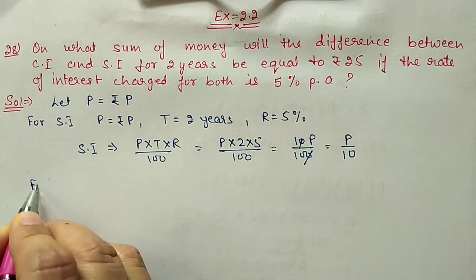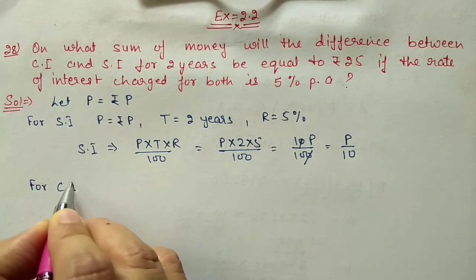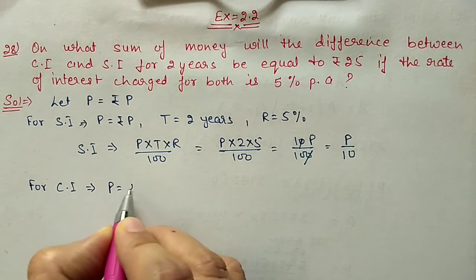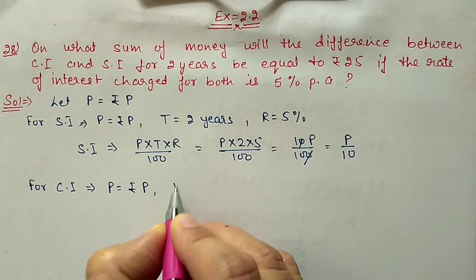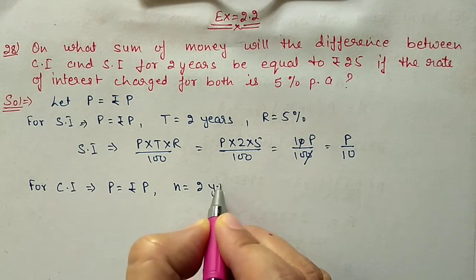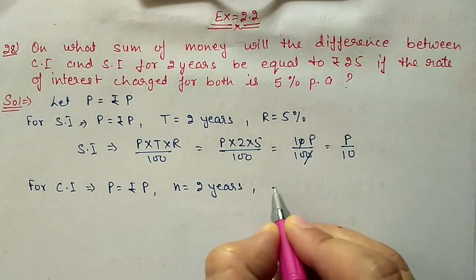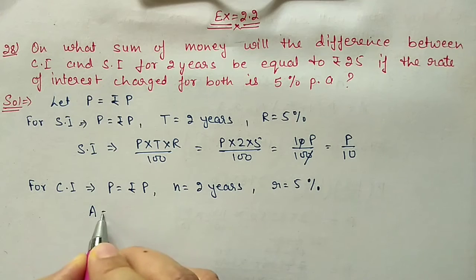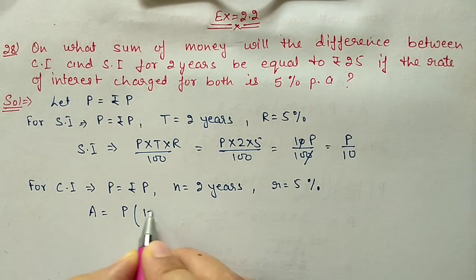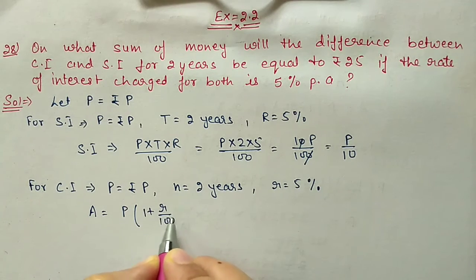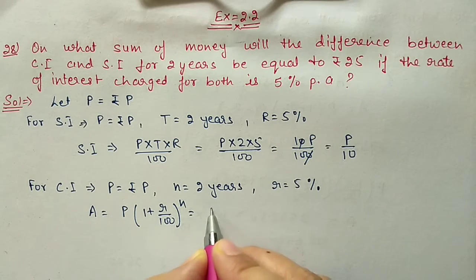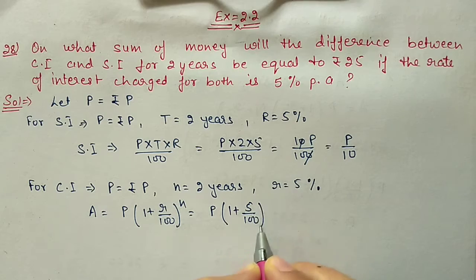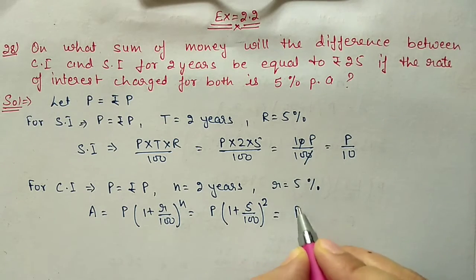Now we will calculate compound interest also. For compound interest, principal money is the same P, time is 2 years, rate of interest is the same 5%. So first we will calculate the amount, which is equal to P into (1 plus R by 100) to the power n, P into (1 plus 5 by 100) to the power 2.